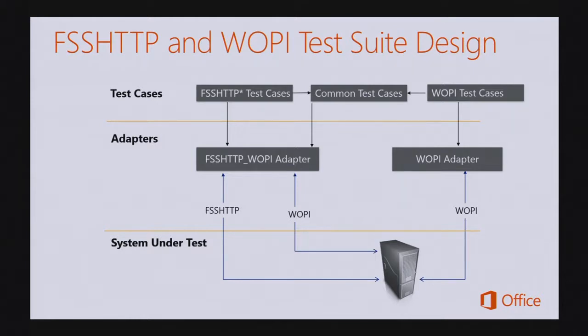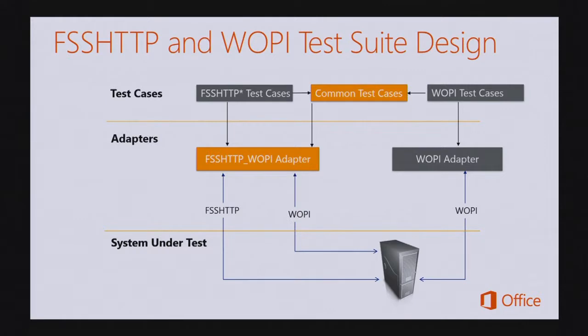the response. And you can see in the FSS test suites, we have two different parts. One is the common test case. The other is the FSS HTTP and WOPI adapter, which is different from this. Should only be the FSS HTTP adapter, right?